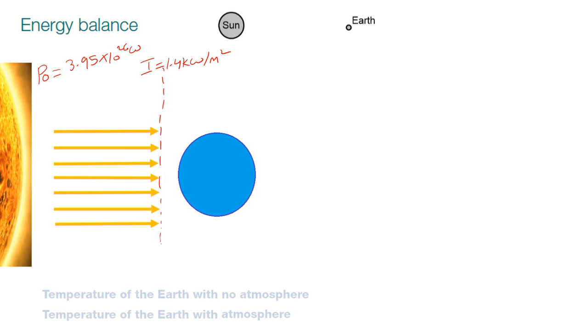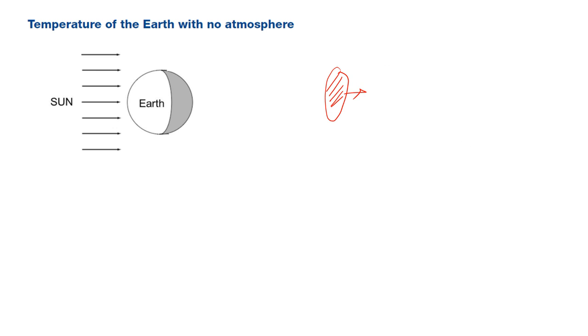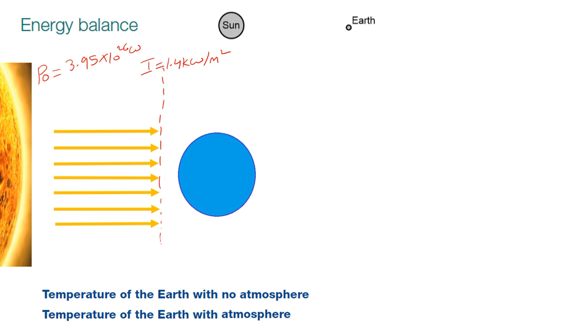If I consider the sun as a big torch, we had seen that the sun's energy is incident on the earth in the form of circles, and then it actually hits the earth's surface, right? Now there are two cases. First we find the temperature of the earth with no atmosphere, and then we'll do the with atmosphere case. In the previous class we had already done the temperature of the earth with no atmosphere.